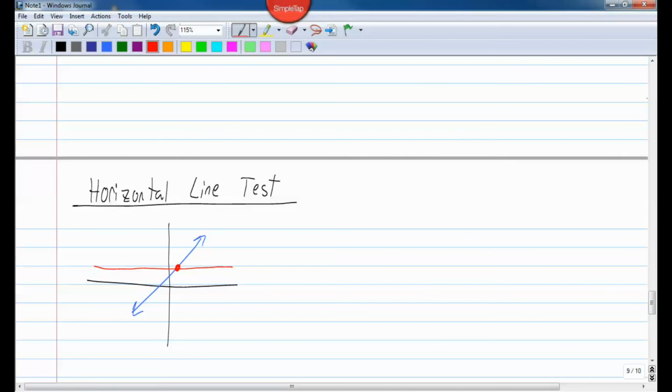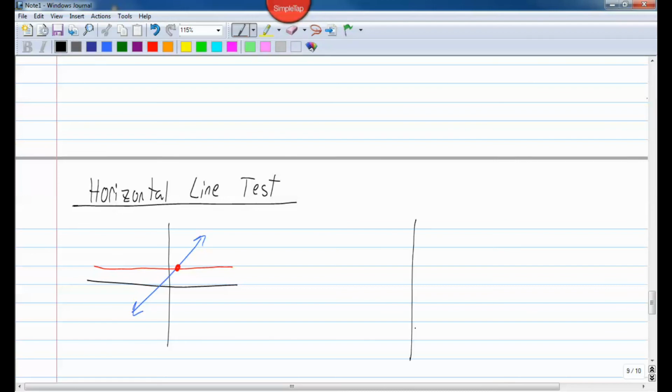If it touches the graph more than once, it does not have an inverse. So if this problem asks me, does the function represented by the blue line have an inverse, what would the answer be? Yes, it only touched one time. So the function does have an inverse. That one does. Alright.